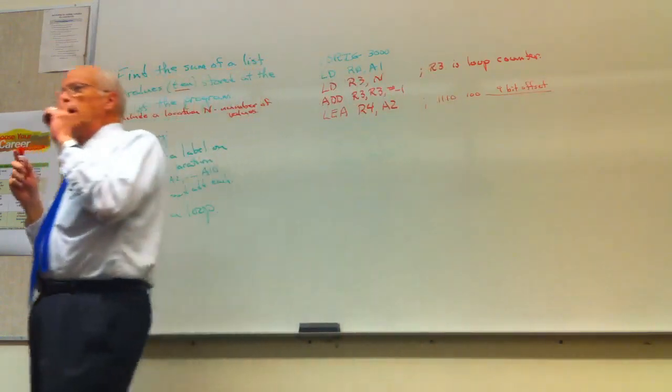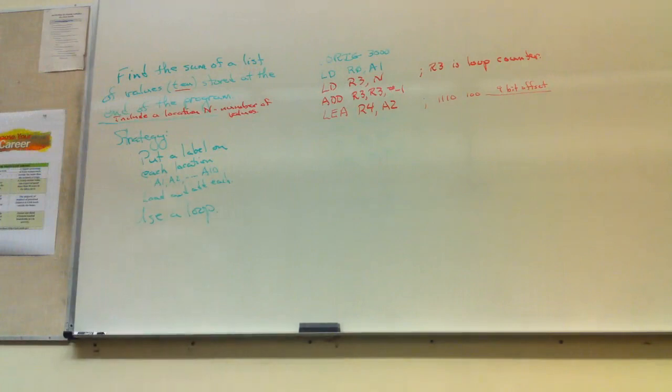Now what this instruction does, you remember those offsets work from the PC. So it takes the contents of the program counter, extends this 9-bit offset to 16 bits and adds them together.